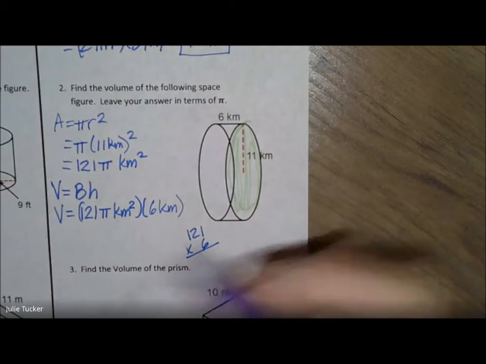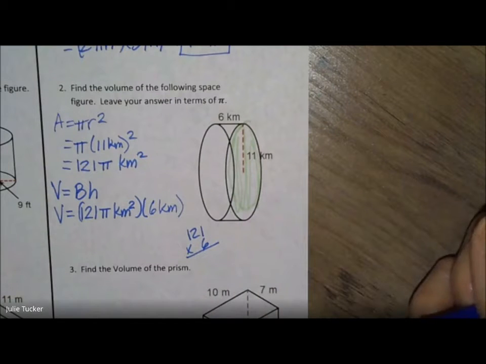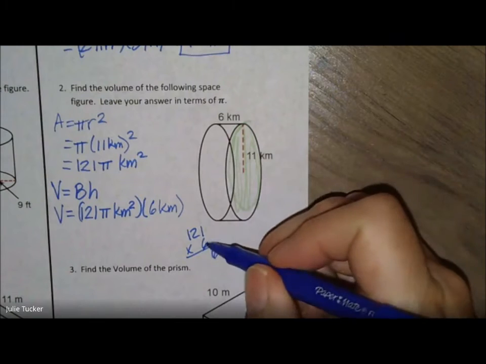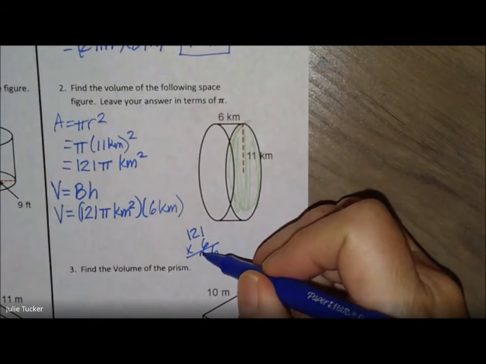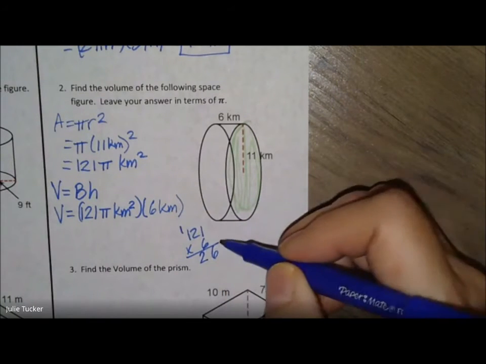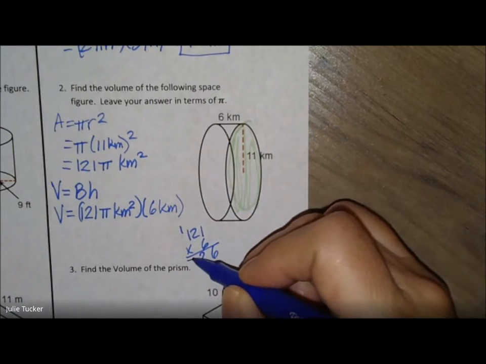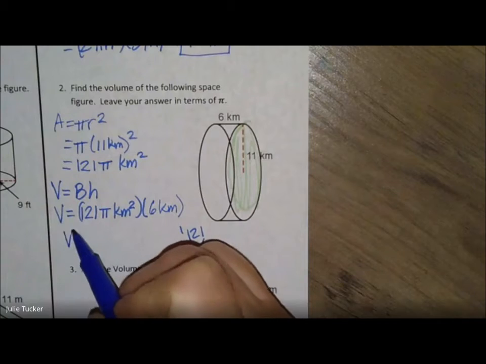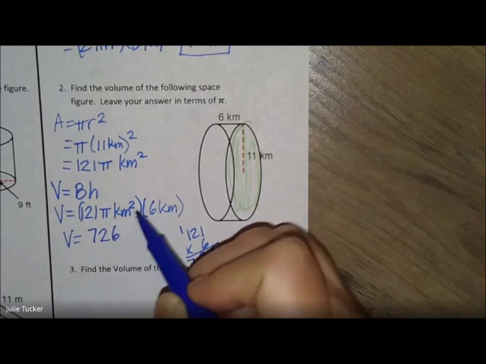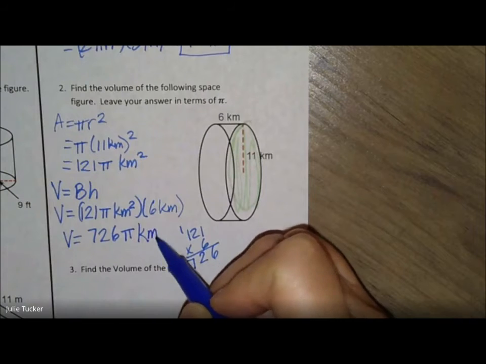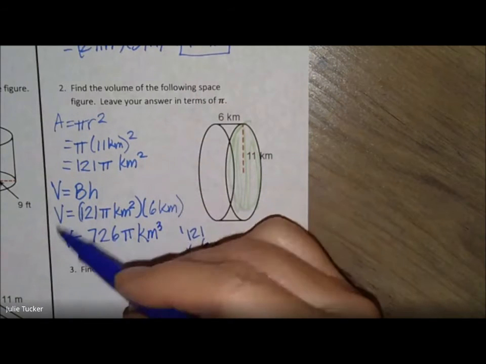That's okay. Look, I wrote it right here. So 6 times 1 is 6. 6 times 2 is 12. Put down 2, carry 1. 6 times 1 is 6, and 1 is 7. Good. So we have volume is 726, and we have to remember the pi kilometers cubed.